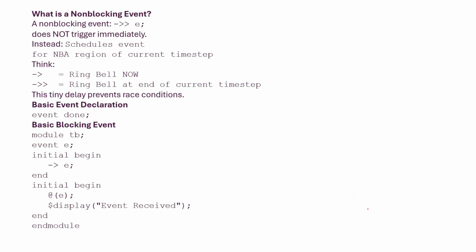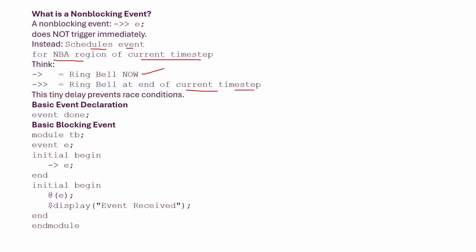In the same way, the non-blocking event. Here we are scheduling the event. I schedule the event for the NBA region of the current timestamp. That means the bell rings at the current timestamp, with some tiny delay to prevent the race condition.